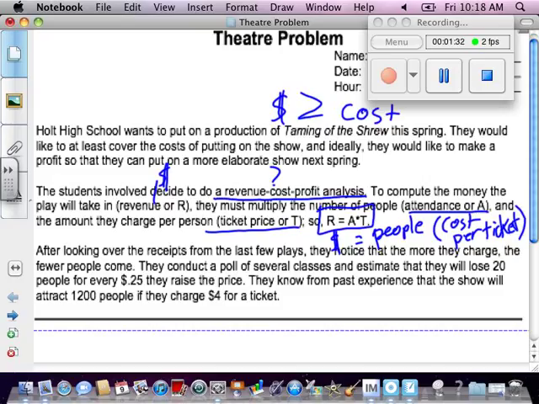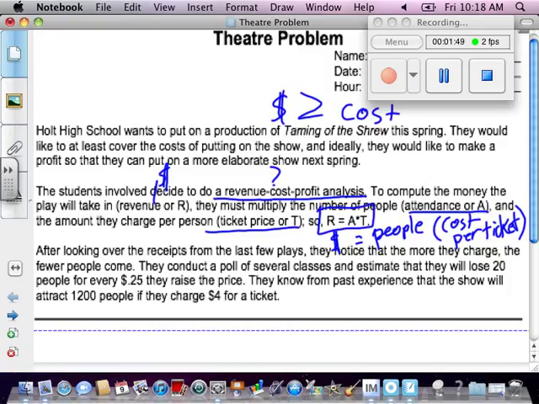Now this is where it gets a little bit confusing. I think that's pretty self-explanatory. Do we have any questions about it though? Anybody a little confused? So the revenue, the money we make, is the cost per ticket times the amount of people that buy a ticket.